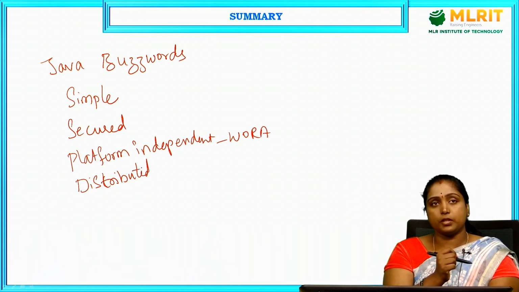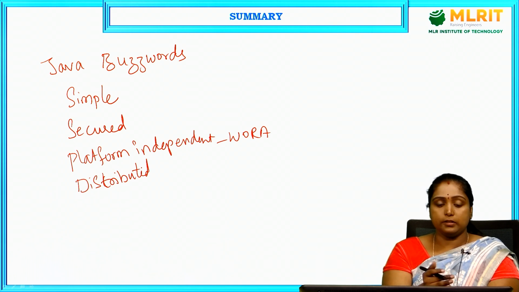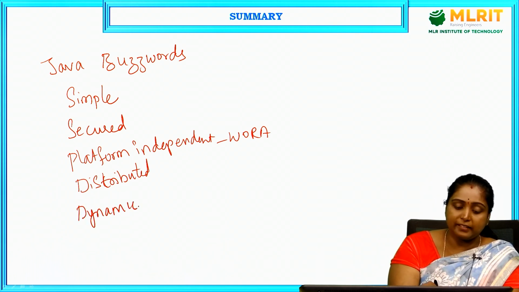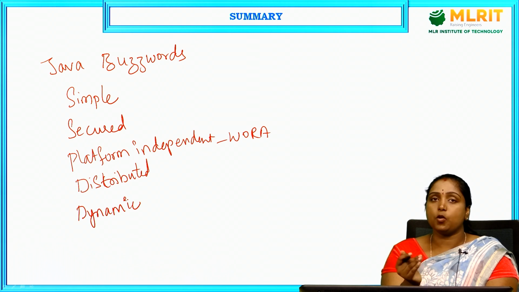Java is distributed, which is one of the features. You have features like servlets, which can communicate through the internet. And it is dynamic, as it can dynamically create, allocate or deallocate objects.